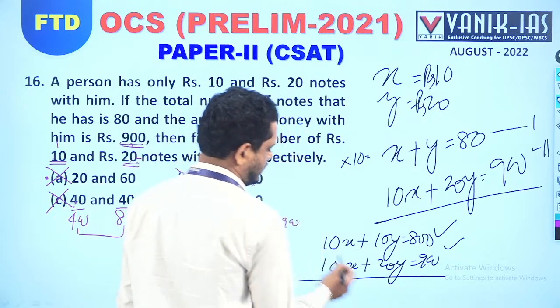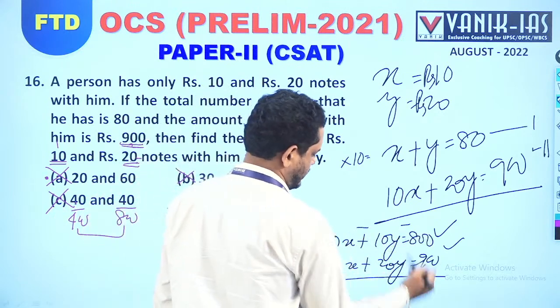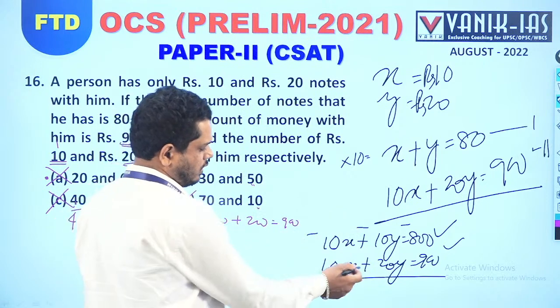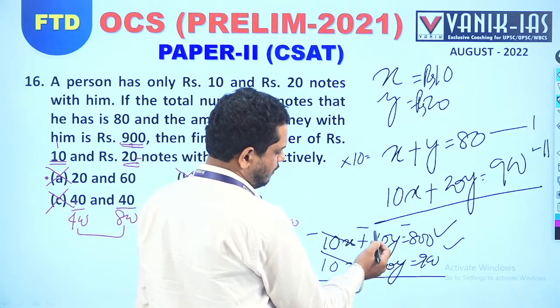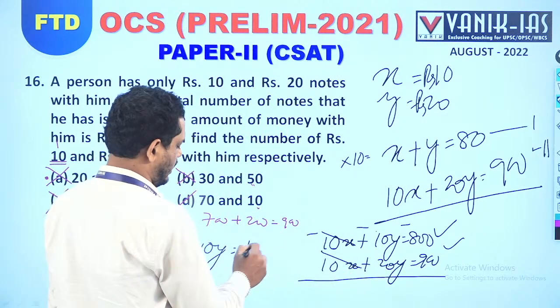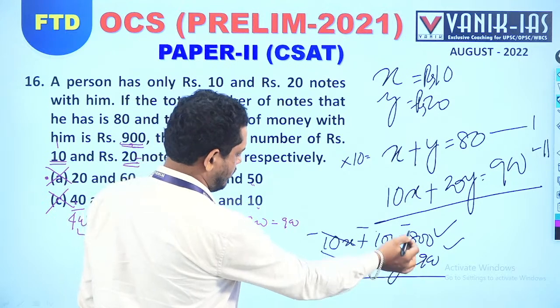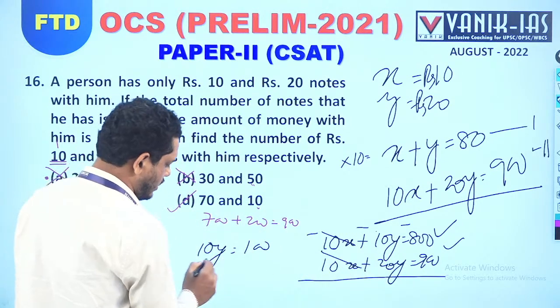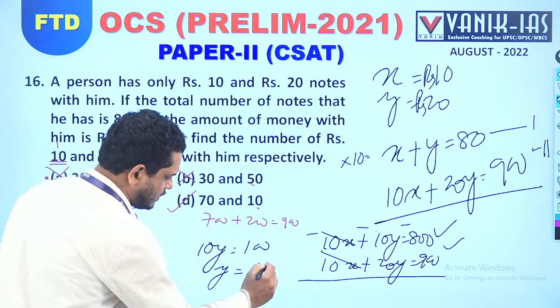So here it is minus, minus and minus, because this is lesser than this equation number 2. It cancels. Now 20 minus 10 equal to 10y equal to 100, 900 minus 800. So y becomes 10, friends.